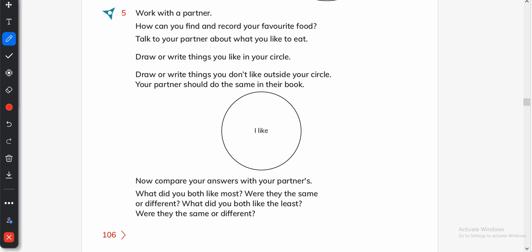Talk to your partner about what you like to eat. Draw or write things you like in your circles. Say, I like mango, I like biryani, and porridge. No, no, I don't like it.